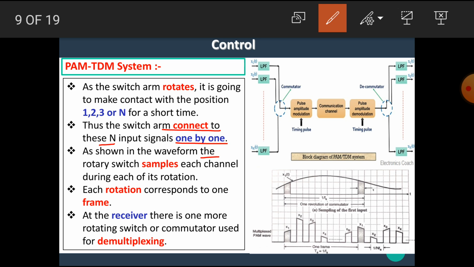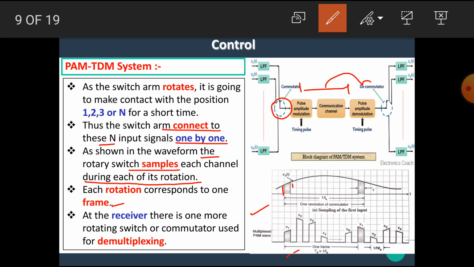As shown in the waveform, the rotary switch samples each channel during each of its rotations. That means, as shown in the waveform, the pulse amplitude modulation is done depending upon the various time slots. Each rotation corresponds to one frame. That means if one rotation is completed, then we can say that one frame is completed and this frame is now transmitted towards the receiver.